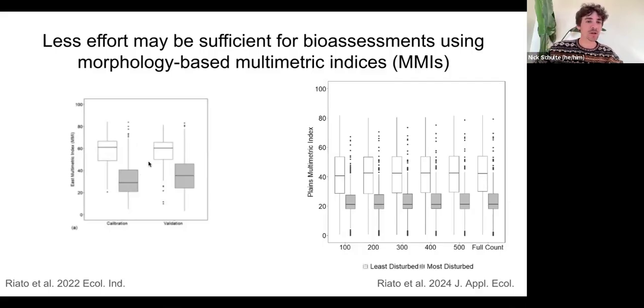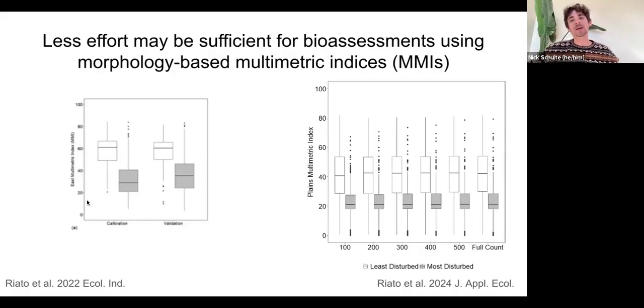And this work showed here on the left, these were genus-based multimetric indices, where only genus level taxonomy was needed to differentiate these least disturbed and most disturbed sites.